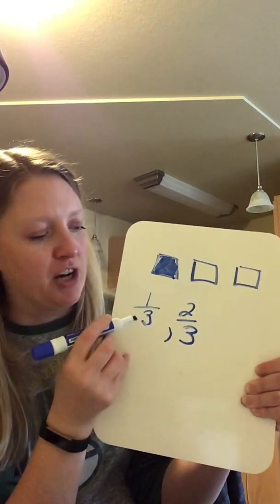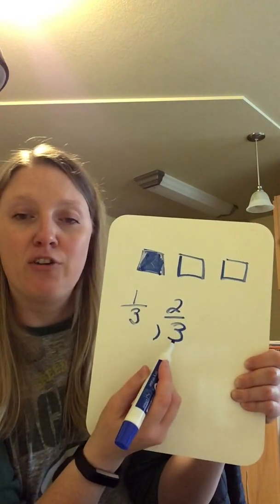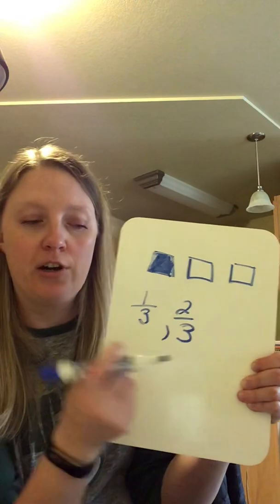So first the fraction for the shaded is 1/3. Next, the fraction for the parts that aren't shaded, 2/3. So of your 7 problems, you're going to have 2 answers for each problem. Make sure you put your fraction for the shaded part first, like the directions say, and then the fraction for the part that's not shaded.